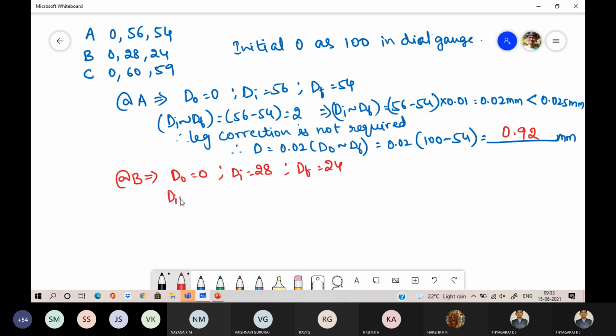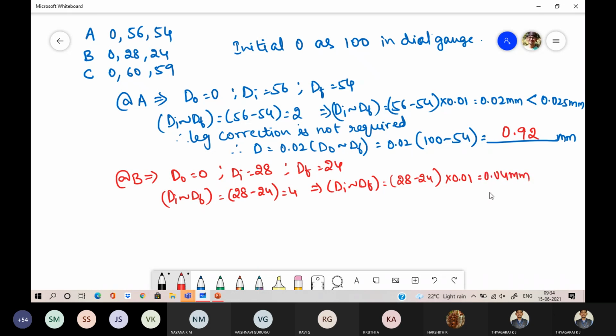So first calculate DI difference DF. 28 minus 24 will get 4. It implies DI difference DF is equal to minus 24 into 0.01. So what is the value you are going to get? 0.04 mm.